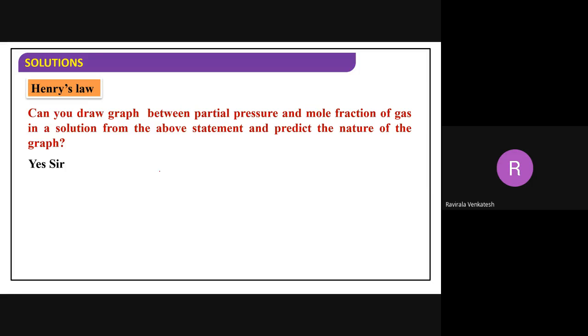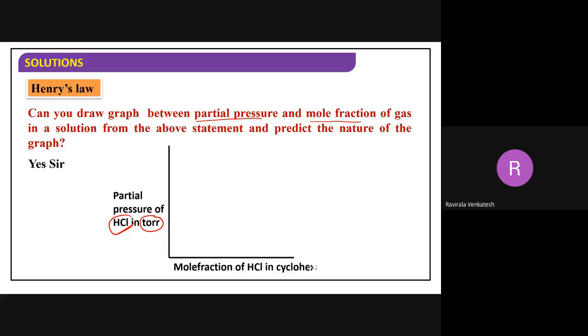When you draw a graph between partial pressure and mole fraction, definitely we can draw it, because it is directly proportional. Let me see that graph here. Partial pressure of a gas, the gas I have taken is HCl, the pressure we are taking in terms of torr here, and mole fraction of the HCl present in the solution. That solution is made up of HCl plus cyclohexane. This is solvent actually.